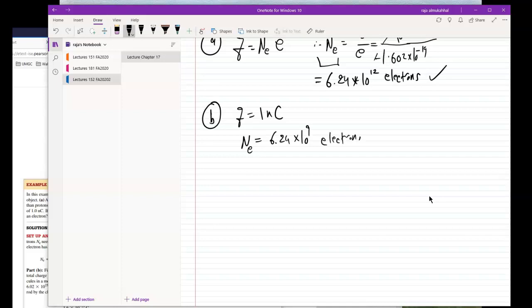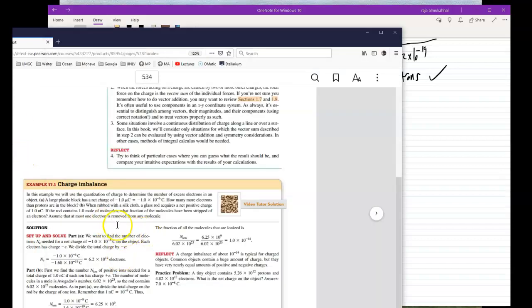Now, the next part, he says, what fraction of the molecules have been stripped off the electron? Okay, now he said it's 1 mole.